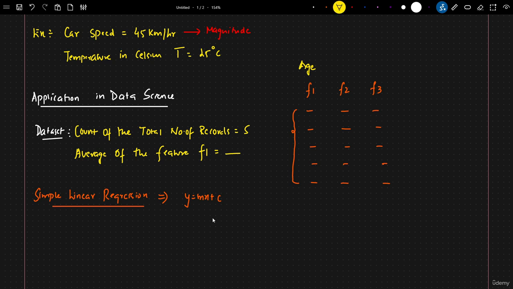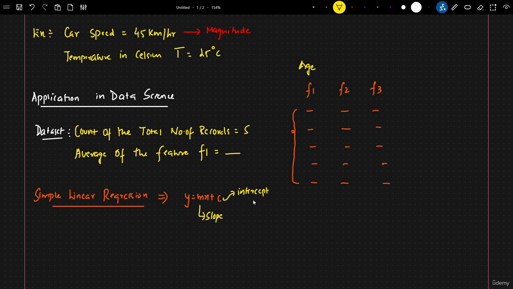In this, m is the slope and c is specifically the intercept. Over here, we will not consider m as a scalar. Why?